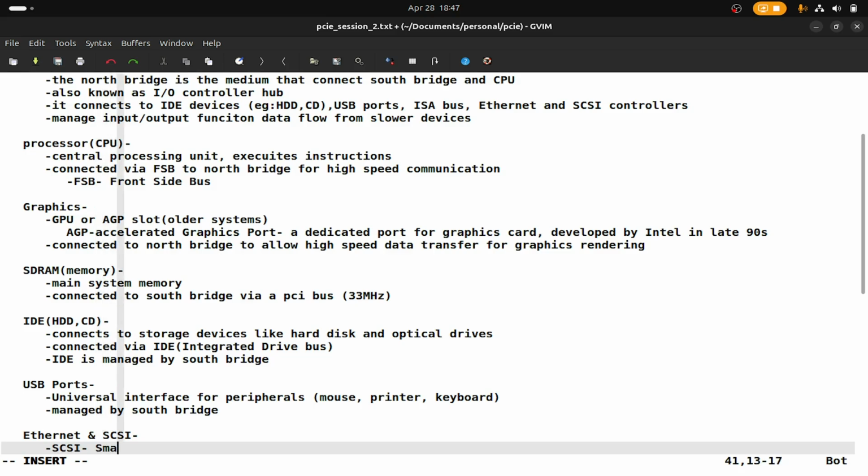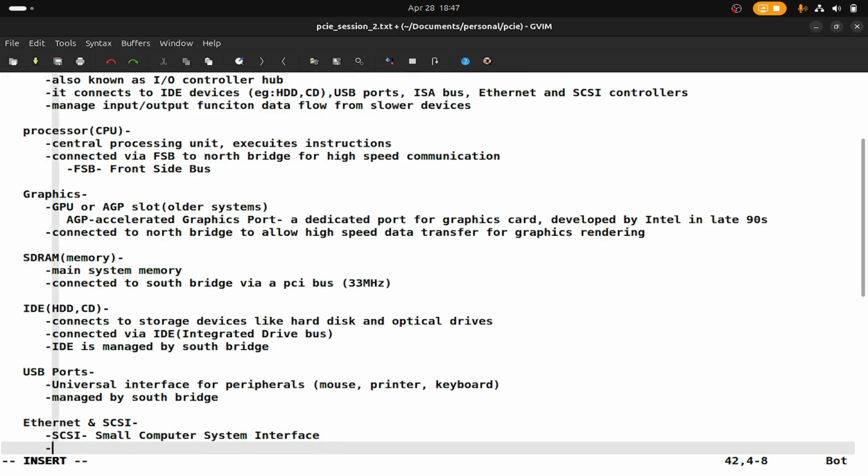It stands for small computer system interface. Used for connecting and transferring the data between computers and peripherals.